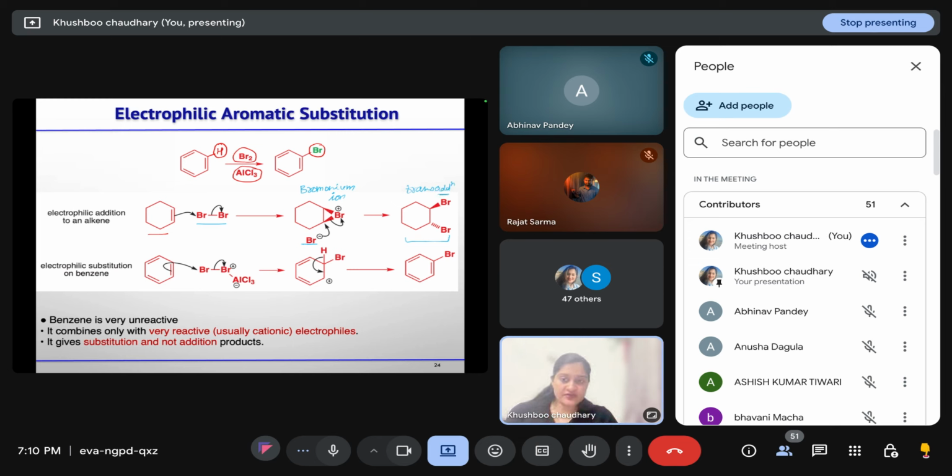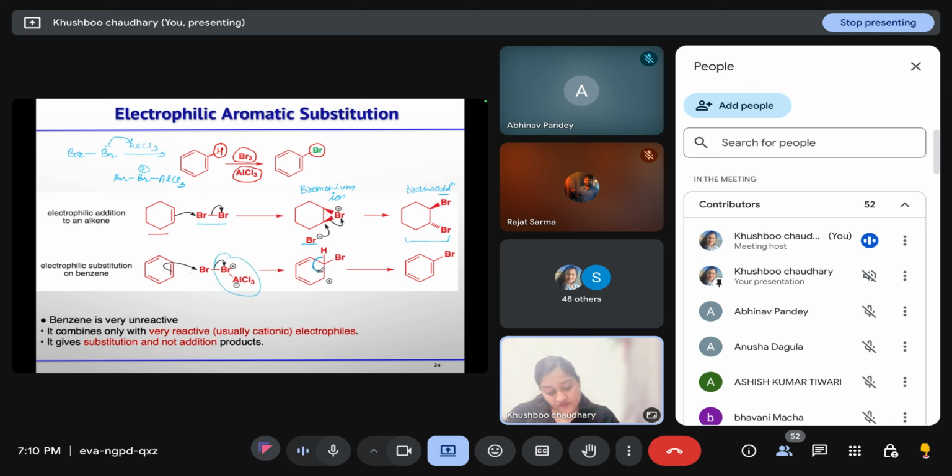But in the case of benzene, when you have bromine in the presence of a Lewis acid, the bromine has lone pairs and the Lewis acid is electron deficient, so it will attack the Lewis acid and form a more reactive species that is electrophilic in nature. The aromatic ring will attack the bromine and the leaving group will leave.